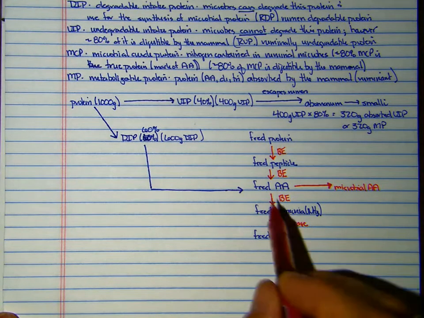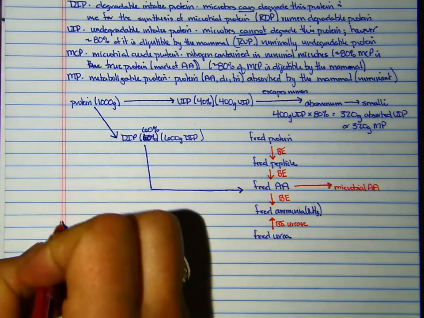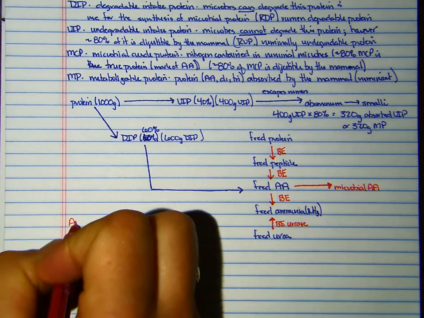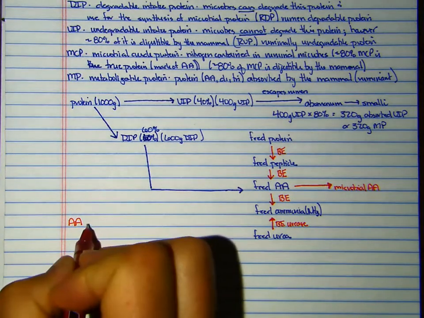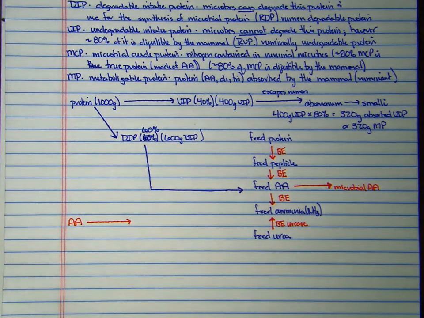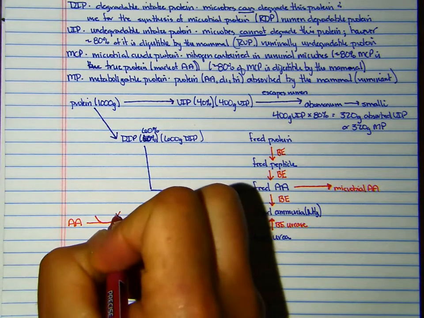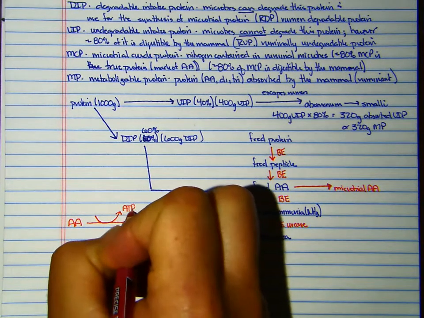And this is, we'll probably draw it over here. When we take an amino acid and we're going to degrade it, whether this is in the microbe or in the mammal itself, when we metabolize an amino acid, the animal or the microbe derives some ATP from this process.